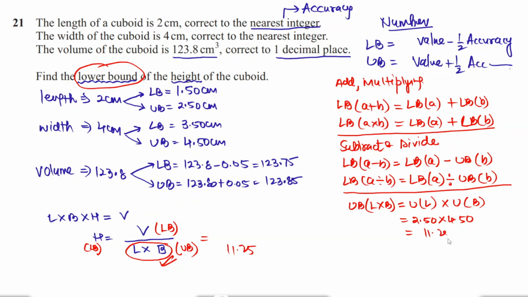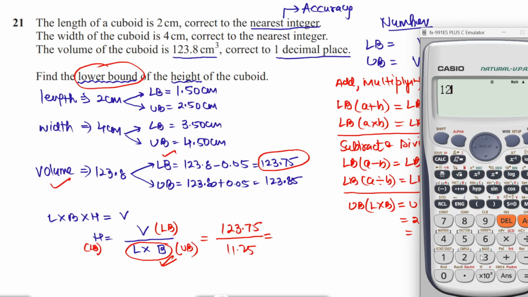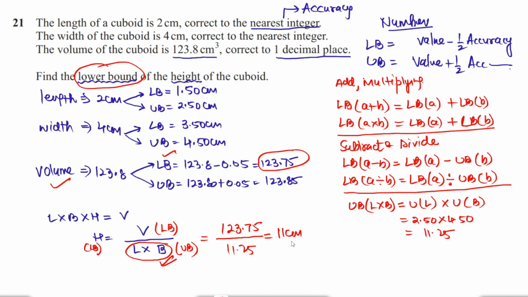And lower bound of volume is 123.75. Okay. So let us divide it. Let us put in the calculator: 123.75 divide by 11.25. And what we got? We got 11 centimeter as answer. So that is the lower bound of the height of the cuboid, 11 centimeter.